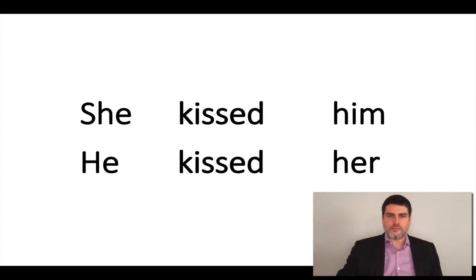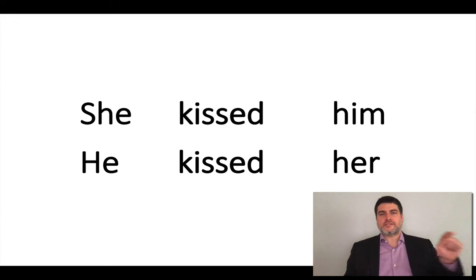Let's look at that a little bit more. So here we have two perfectly grammatically correct sentences in English. In the first case, we have she kissed him. In the first sentence, she is the doer of the action is kissed, and the one who received the kiss was the man. In the second example, the man did the kissing, and the recipient of the kiss was the woman. Now, let's talk about this in terms of nominative case and accusative case.